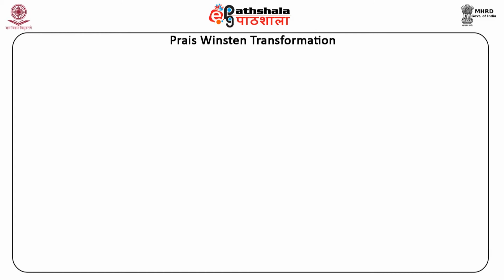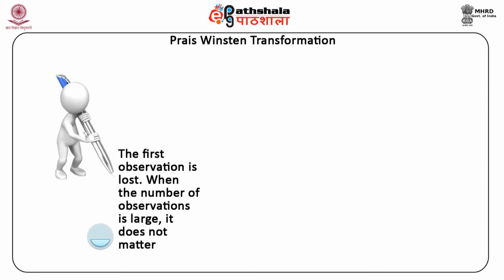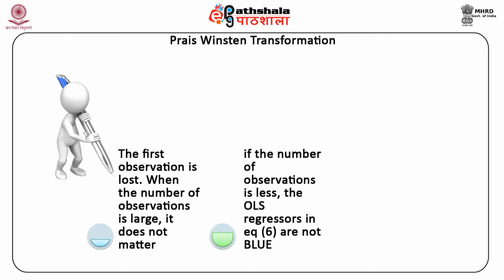Prais-Winsten transformation. In carrying out the above differencing, the first observation is lost. When the number of observations is large, it does not matter. But if the number of observations is small, the OLS estimators in equation 6 are not BLUE, that is, best linear unbiased estimators. So what is the solution?